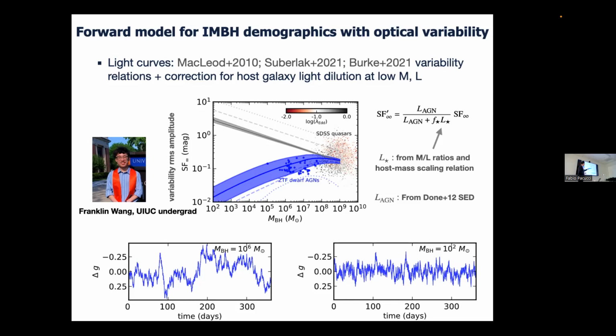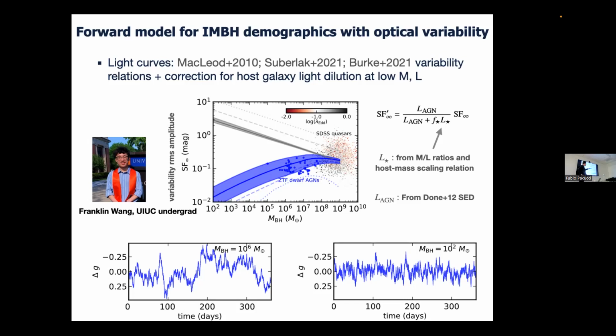Using the ZTF light curves, we've done some modeling and extracted the variability amplitudes of those AGNs. What we found is that when you extrapolate the published relations from the SDSS results in gray for IMBHs, it doesn't really work. You get a ridiculous answer, like 10 magnitudes of variability or 1 magnitude of variability or more, which wouldn't be right. An IMBH would be too easy to detect in that case.